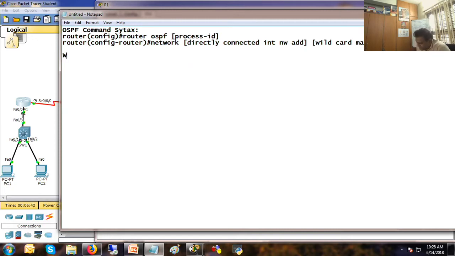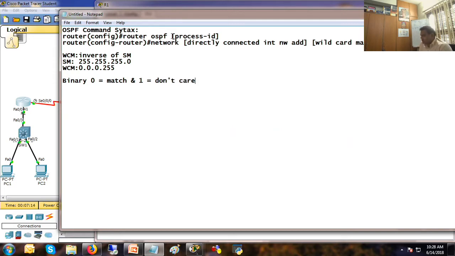Wildcard mask is the inverse of the subnet mask. For example, subnet mask 255.255.255.0, converted wildcard mask will be 0.0.0.255. What is meant by 0? Binary 0 equals match, and binary 1 equals don't care. So now I have one router with 5 interfaces.